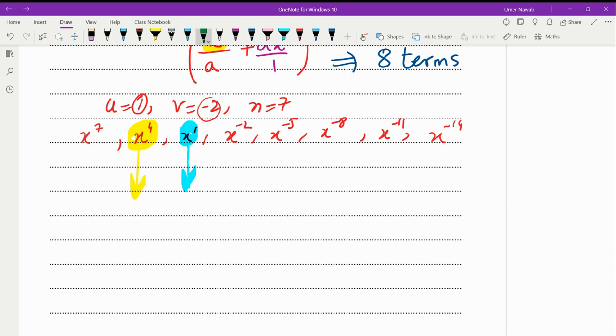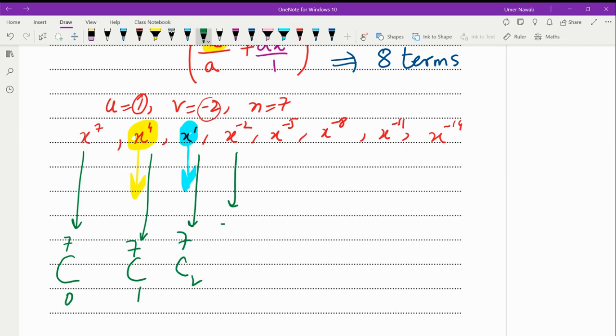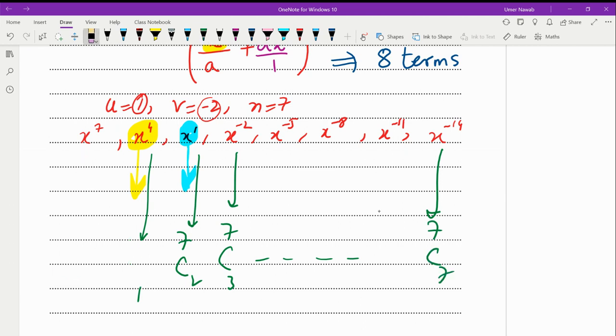What is the formula, guys? If I want to write the first term, because the whole power n is given as 7, it is 7c0. For the next one I will write 7c1, then 7c2, 7c3, and so on till the last, 7c7, the Pascal binomial coefficients which we always get in the formula.